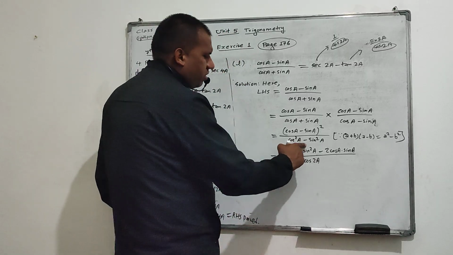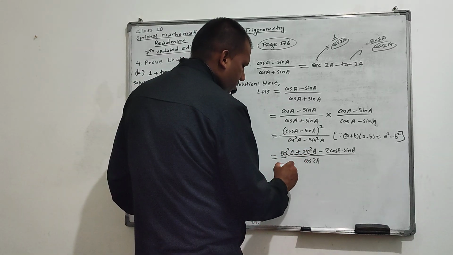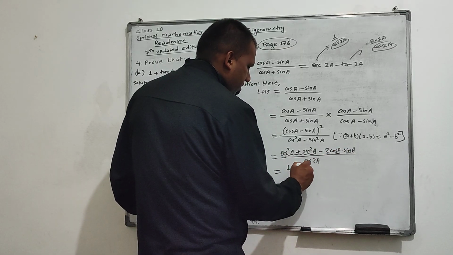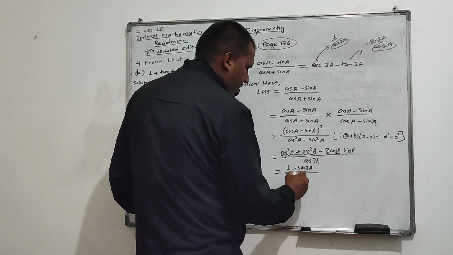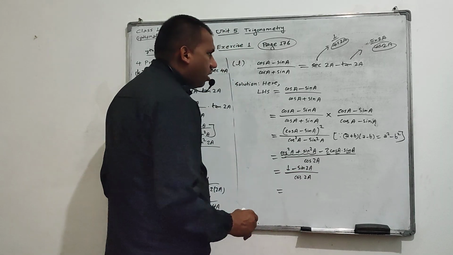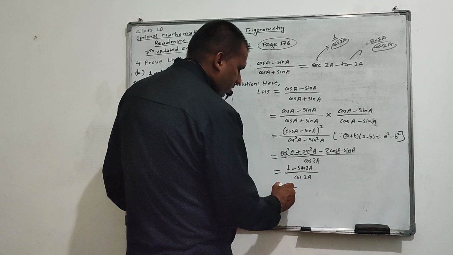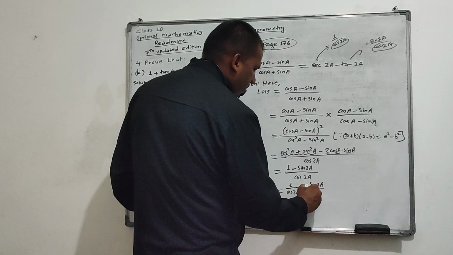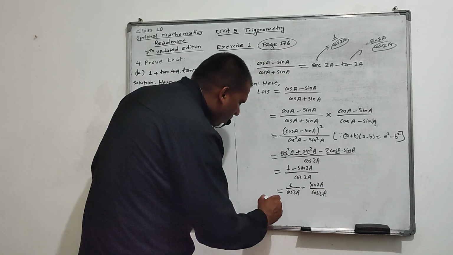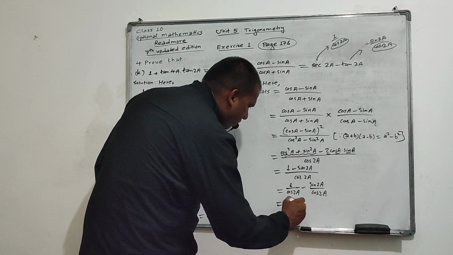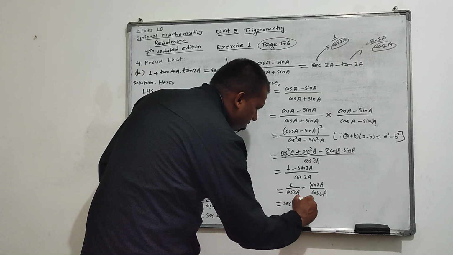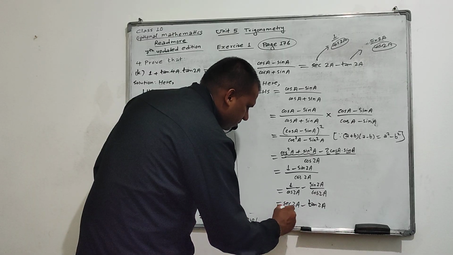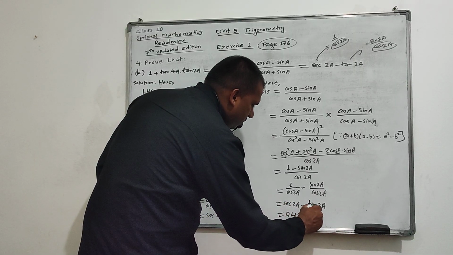Now cos square A plus sin square A, its value is 1, minus 2 sin A cos A, that is sin 2A, whole upon cos 2A. Now breaking this, 1 upon cos 2A minus sin 2A upon cos 2A. 1 by cos, that is sec 2A, minus sin 2A upon cos 2A, tan 2A, which is the RHS. So it is proved.